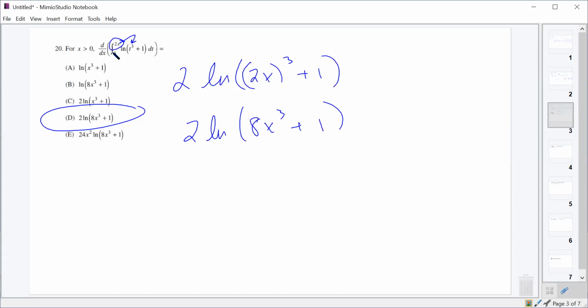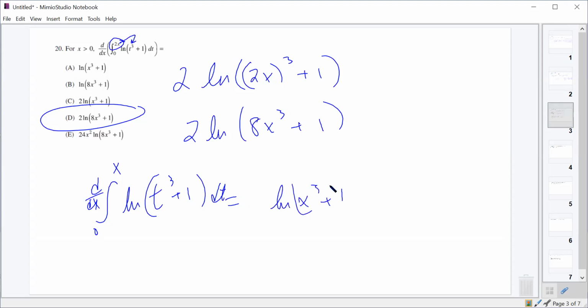Because if it's just the derivative of the integral from a constant to x, like if I just had 0 to x, derivative natural log t cubed plus 1 dt, that should just be natural log x cubed plus 1 every time. And you just plug that in. That's the first part of the fundamental theorem of calculus.